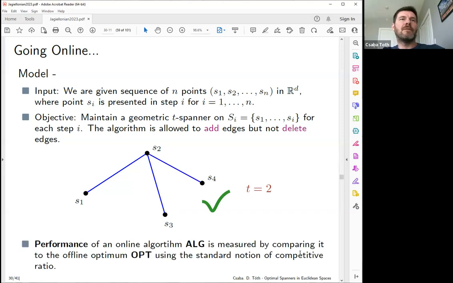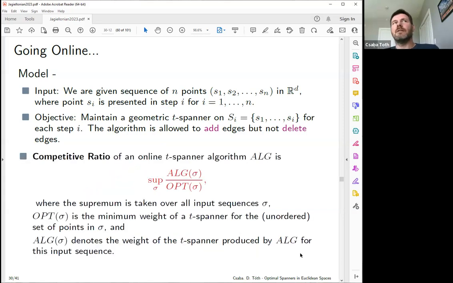The performance of an online algorithm is measured by comparison to the offline optimum for the same set of points, and this is called the competitive ratio. In this case, we care about the weight of the spanner. The algorithm computes a spanner of a certain weight, and the same input has an optimal weight for the 1 plus epsilon spanner, and we take the worst case ratio over all finite input sequences.